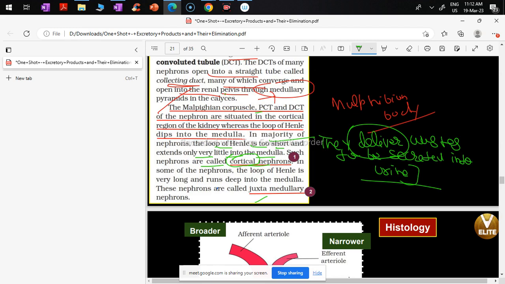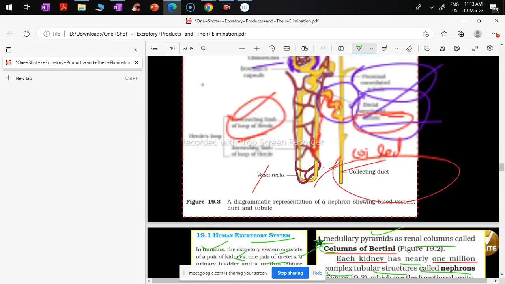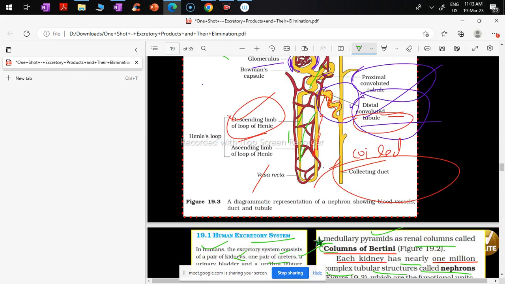Note this word, the exact meaning in one line: a peritubular capillary is any of a network of capillaries surrounding the renal tubules. Renal tubules means these, PCT, DCT.